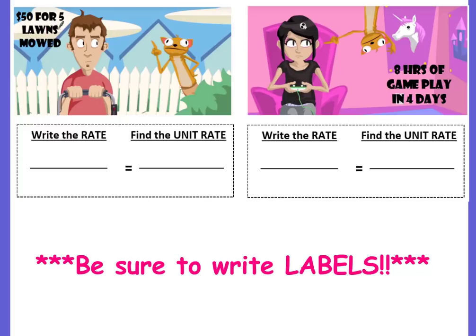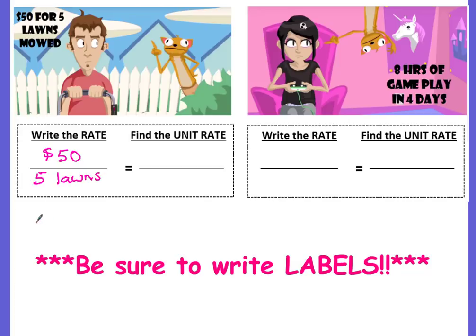Okay, what about $50 for 5 lawns mowed? First we're going to write the rate. We're talking money, so that needs to go in the numerator. So here's the $50. The dollar sign represents the label, because you have to include the labels. And then it's going to be 5 lawns mowed. So I'm just going to put 5 lawns.